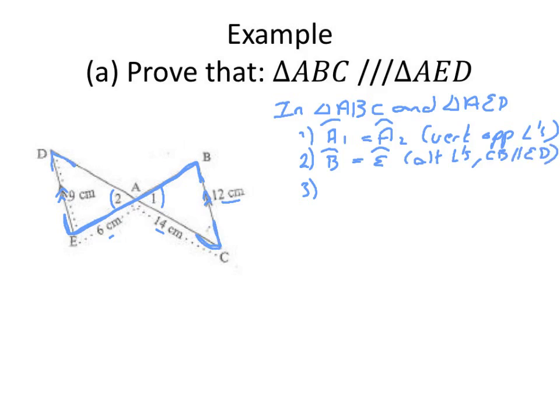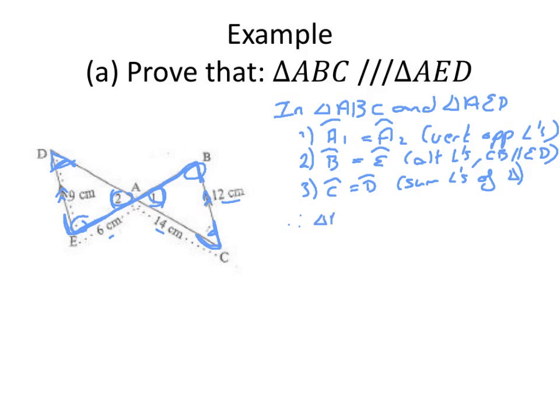But in similarity, it's also easy to just say C is equal to D because of the sum of angles of a triangle. The last angle will always be equal because of the sum of angles of a triangle. Obviously, if that's equal to that and that's equal to that, and they add up to 180 degrees, then that must be equal to that. And we'll finish off.